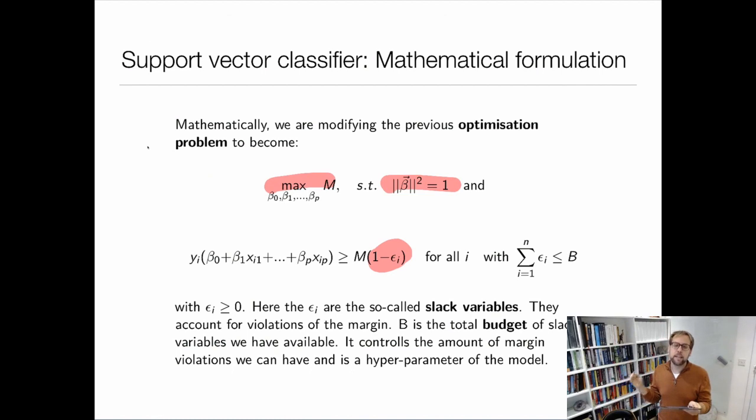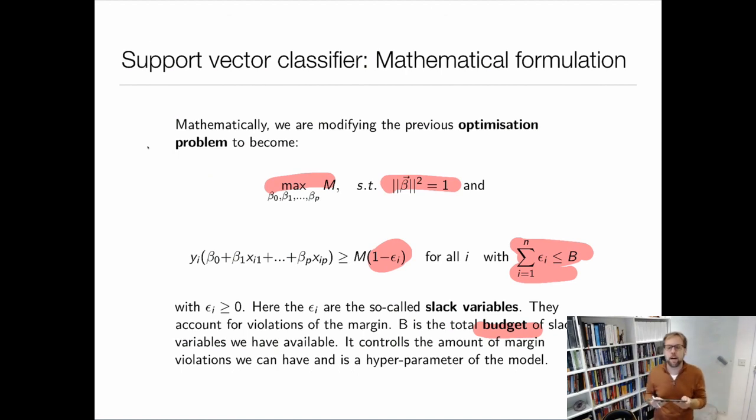So it's still obeyed by those points which previously were violating it, but I'm putting a cap on those violations by saying the overall violations all have to be within some certain budget.